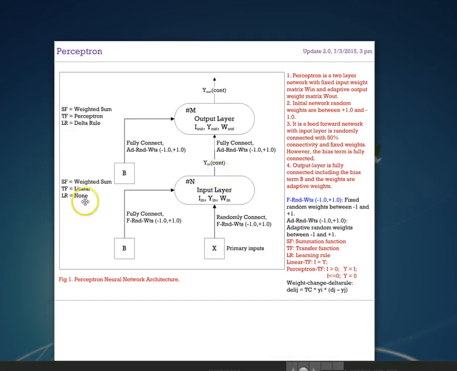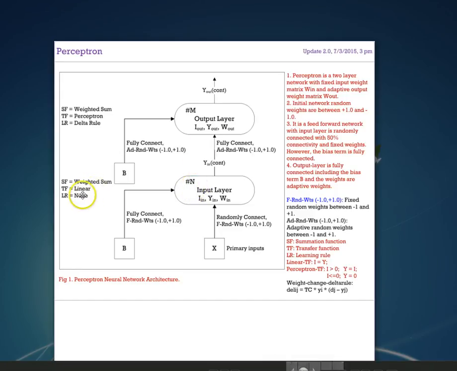If you take the input layer here, again the neurodynamics is specified through the summation function, transfer function, and LR, the learning rule, that is the training algorithm. In this case, it uses the standard weighted summation function in both the input layer and the output layer.